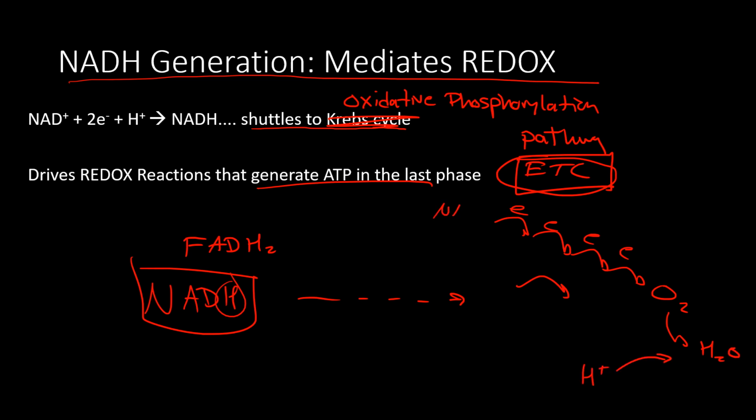So the NADH and the FADH2, their job is to hand their energy off downhill, and collectively this is the electron transport chain. This is all conceptual, of course. When you look in the book and in the other diagrams and slides, you'll see how all this actually looks a little more physically.